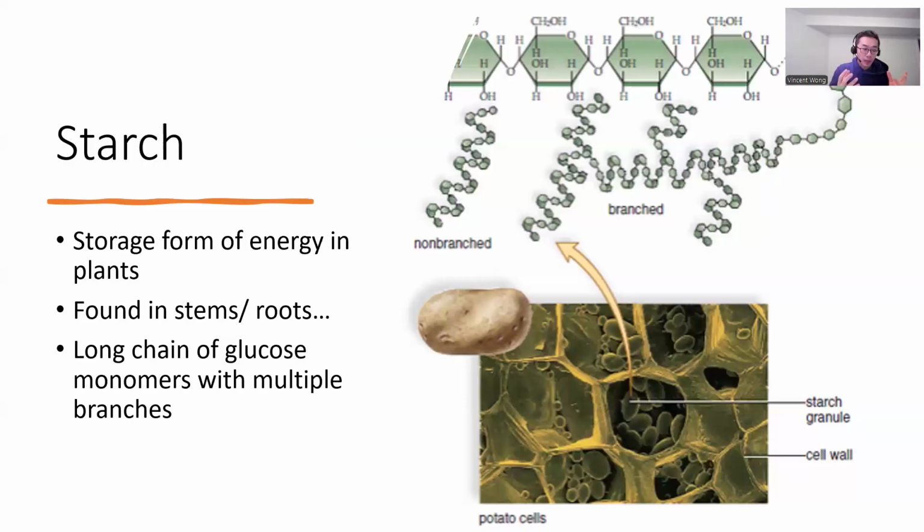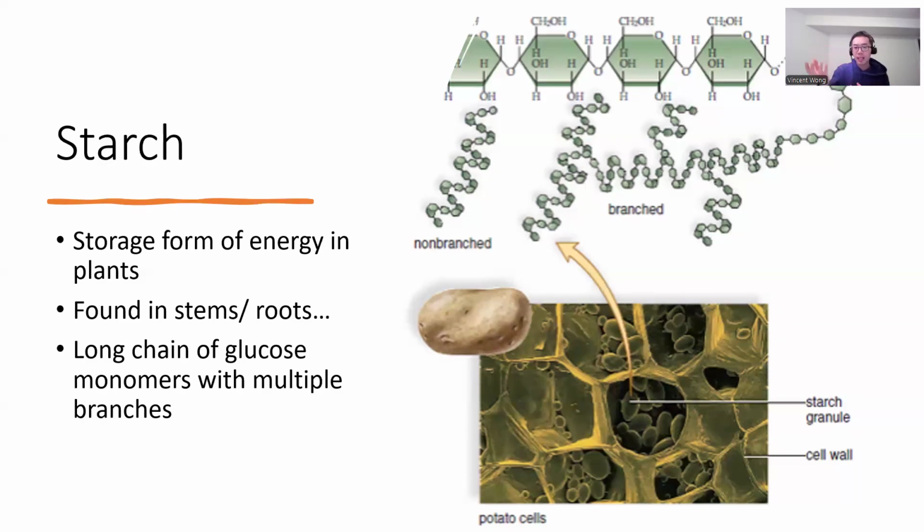The energy that we obtain would be through consuming starch mostly. Starch is the storage form of energy in plants. You might know plants make their own food, right? In photosynthesis. They often make more food than they need and they store the excess in the roots or in the stems.